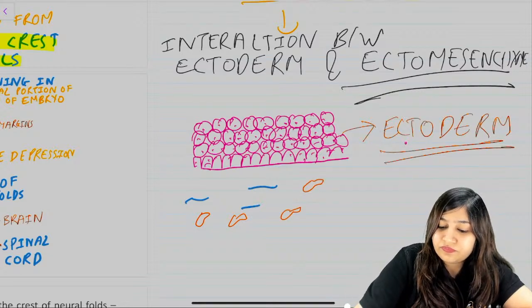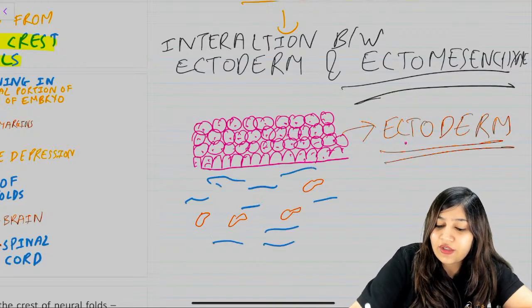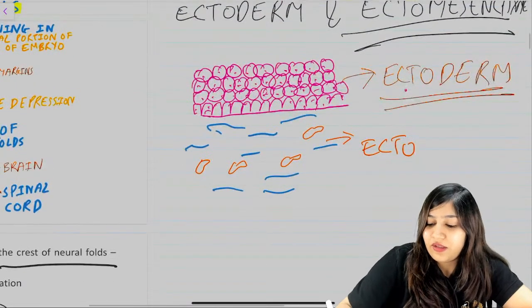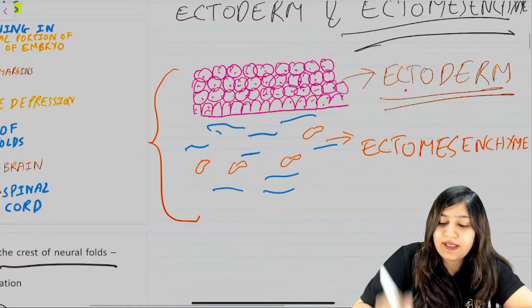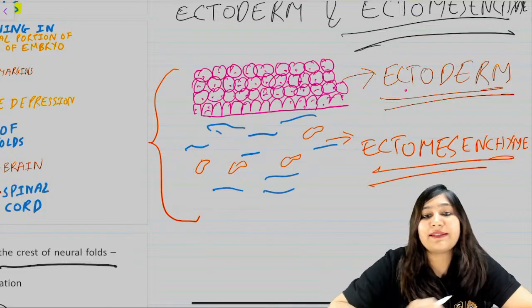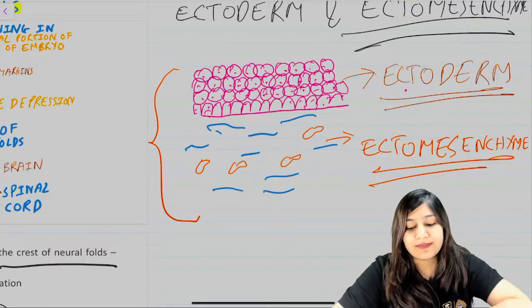So this is our ectomesenchyme. Whole tooth development is based on the structures ectoderm and ectomesenchyme, and the interaction between both the structures.